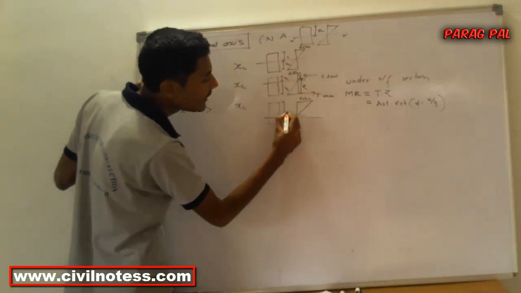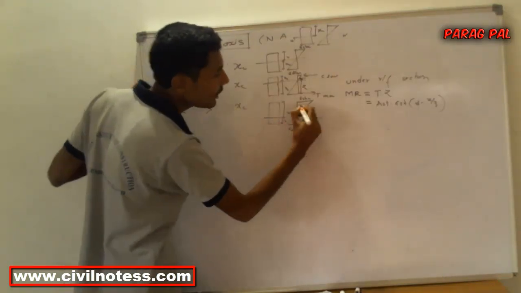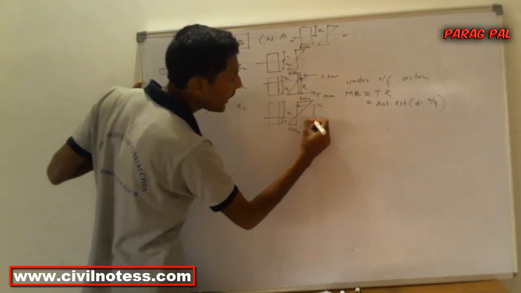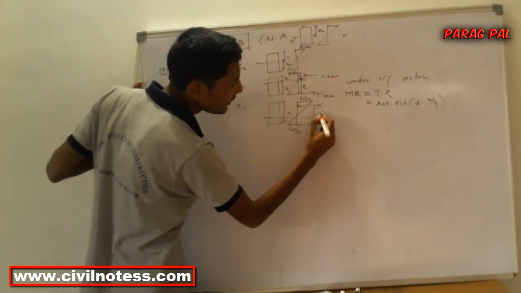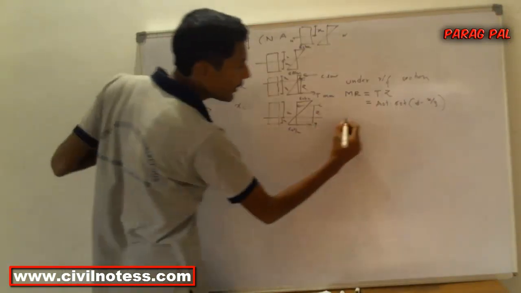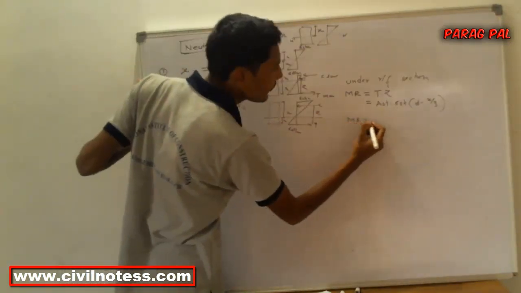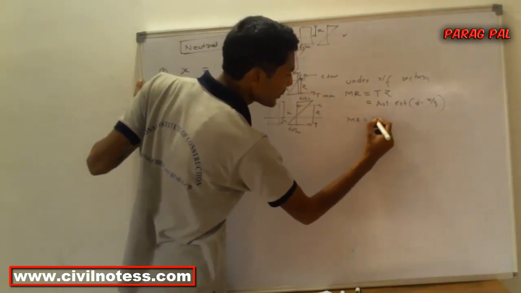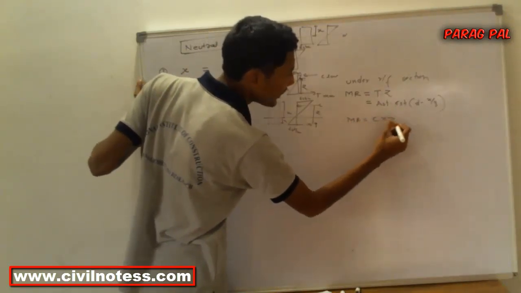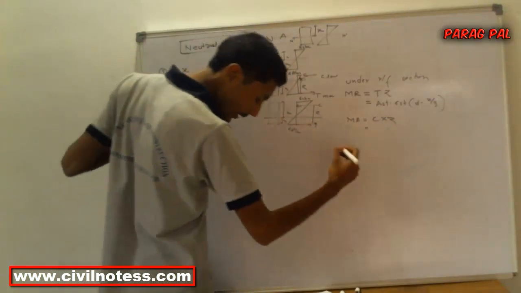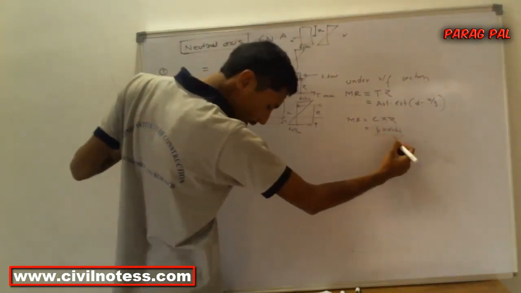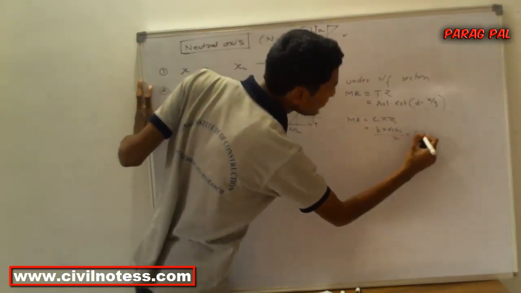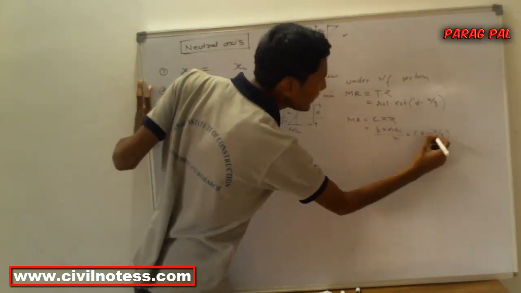It means that x is greater than xc, so C multiplied by Z. So here the moment of resistance in the over reinforced section is compression multiplied by Z. The compression formula is nothing but b x sigma cbc by 2, multiplied by d minus x by 3.